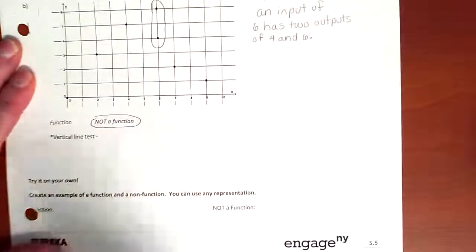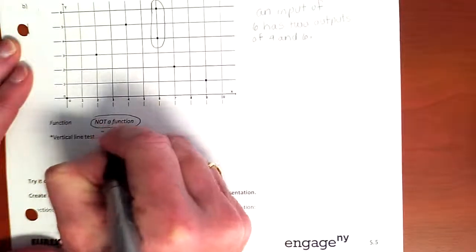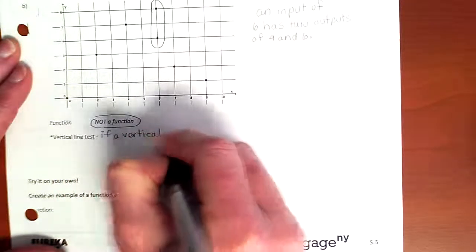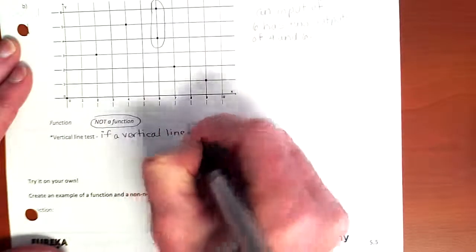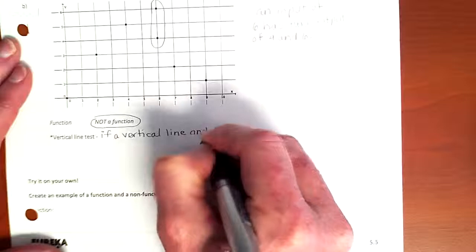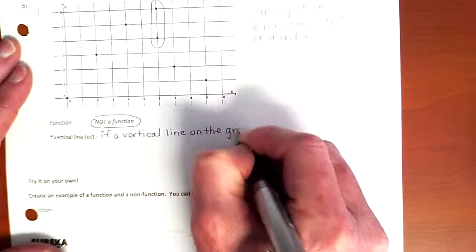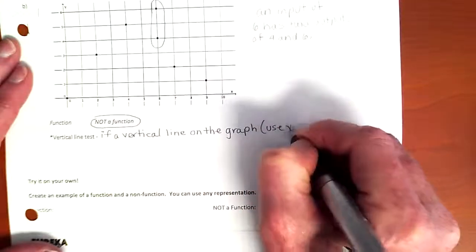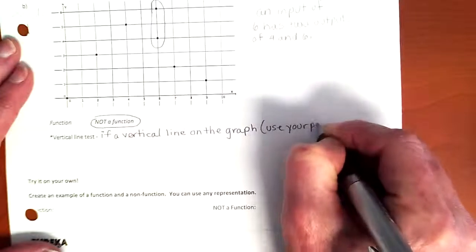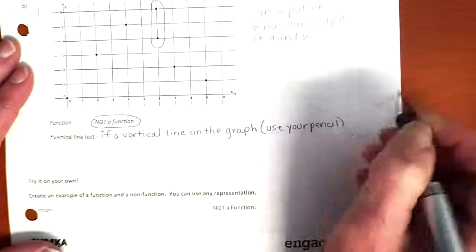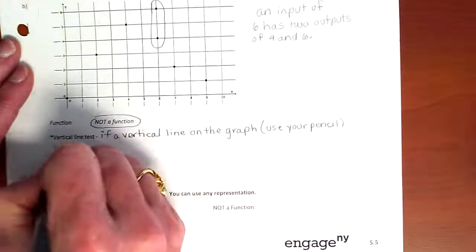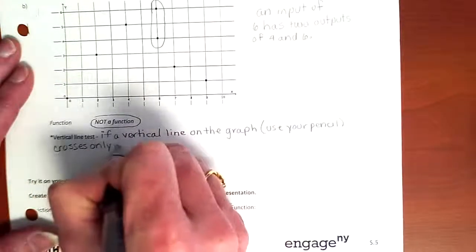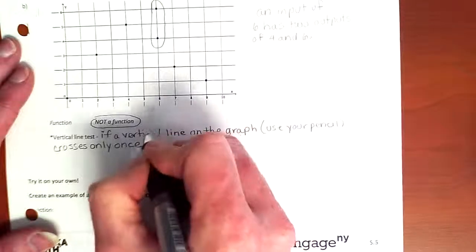This states that if a vertical line on the graph, in other words, use your pencil, crosses only once, it is a function.